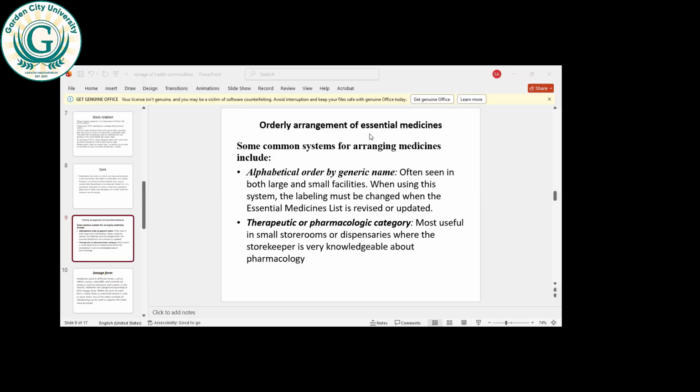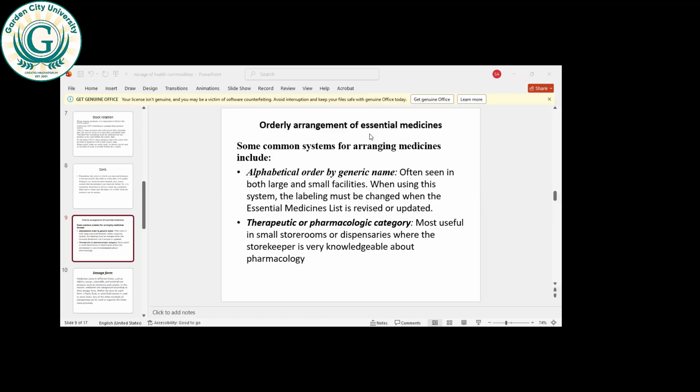Mostly, when you are dealing with pharmacists, they understand the way they arrange the items. Some of them arrange according to ailment. So if you pick, let's say, analgesics, they put all of them in one area. They can talk of malaria drugs, and they'll put all of them in one.